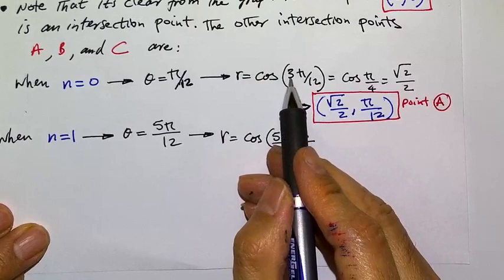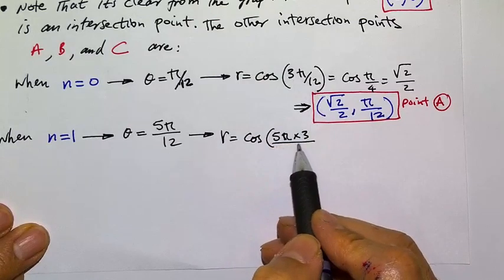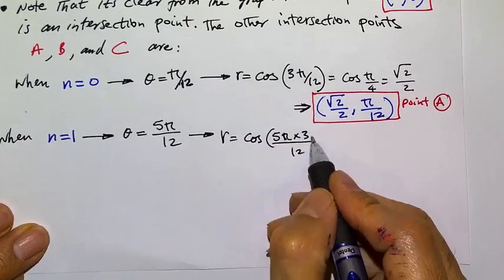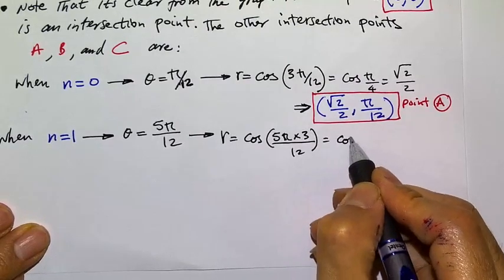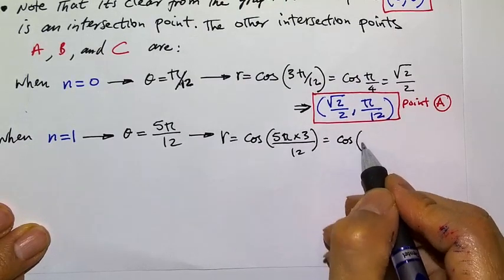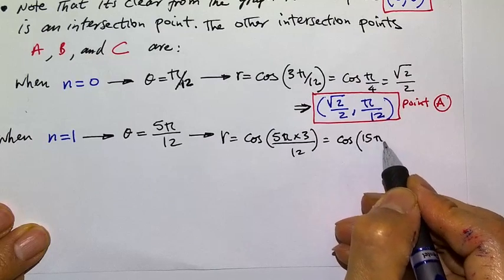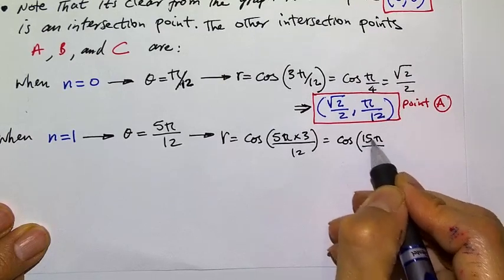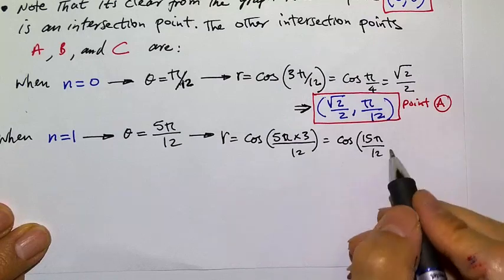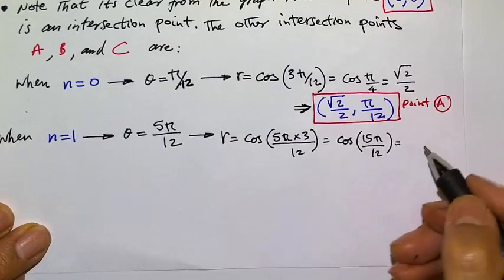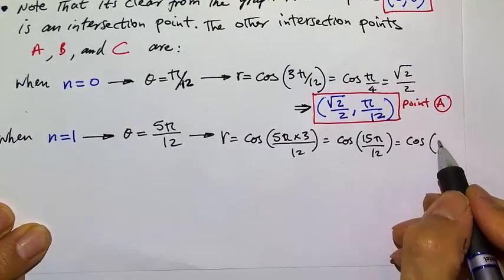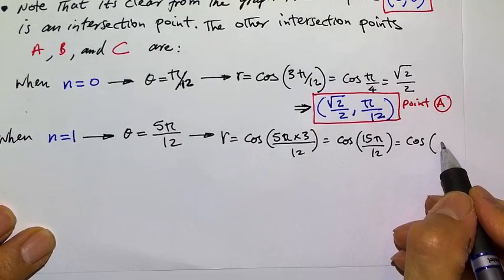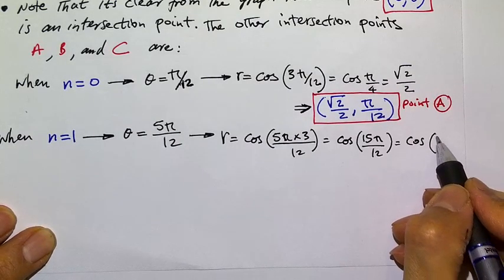Instead of 3 times pi over 12, 3 times 5 pi over 12. And so we get cosine of 15 pi over 12, and that reduces to cosine of 5 pi over 4, right?